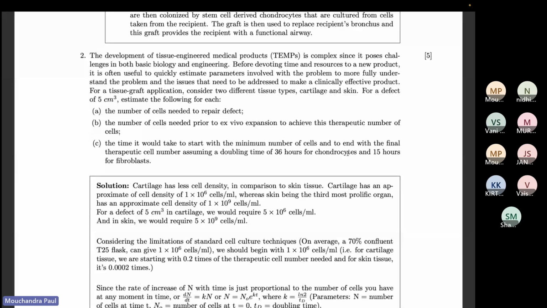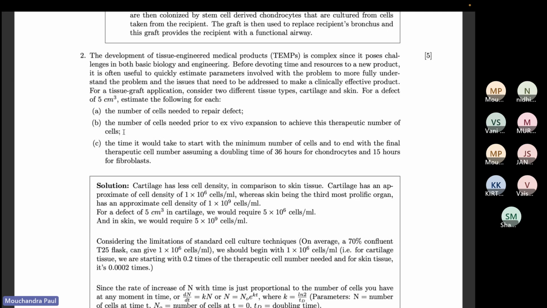For solving part B, you have to assume a value, and that assumption should come from an educated guess. If you look at standard cell culture practices, from a standard T25 flask or T75 flask, you will understand how many cells can be obtained. If you had thought in that direction, part B would have been correct.